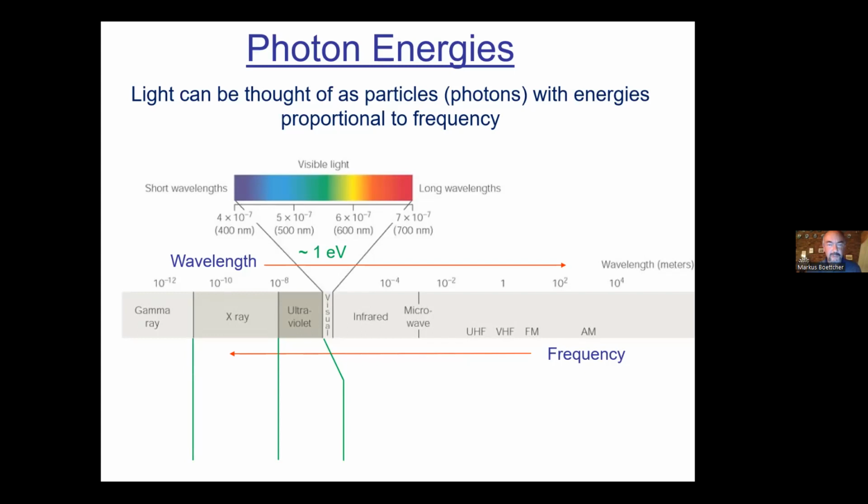If we go to shorter wavelengths or higher frequencies, we get to ultraviolet, which carries 10 to 100 times the energy of visible light. X-rays carry characteristically about 1,000 times. And in gamma rays, we're talking about 100,000, millions, billions, trillions, and even higher energies.